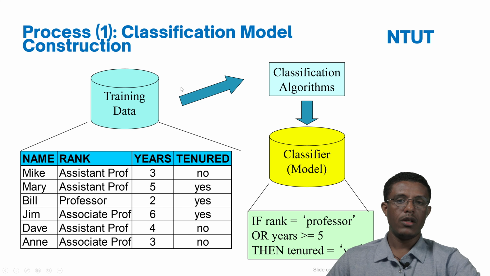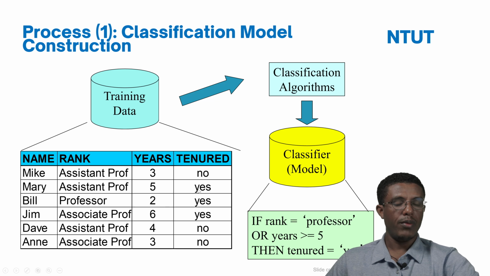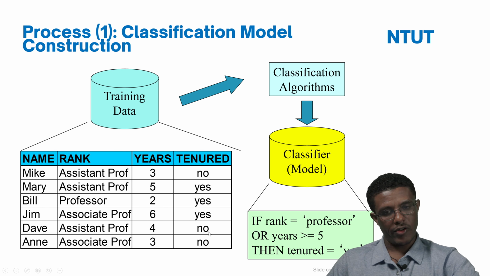For example, this is the training data. The training data has name, rank, years, and tenured. Tenured is the class. If the rank is assistant professor and the years of experience is 3, is this professor tenured? The answer is no. If the years of experience is 5 for an assistant professor, that means the class is tenured.